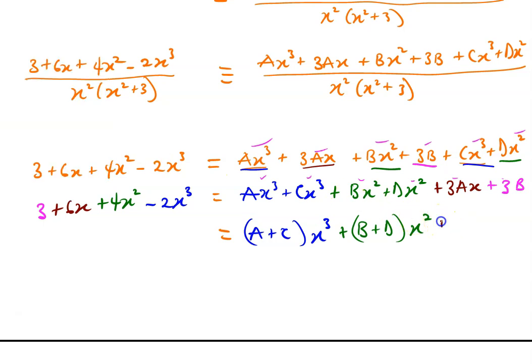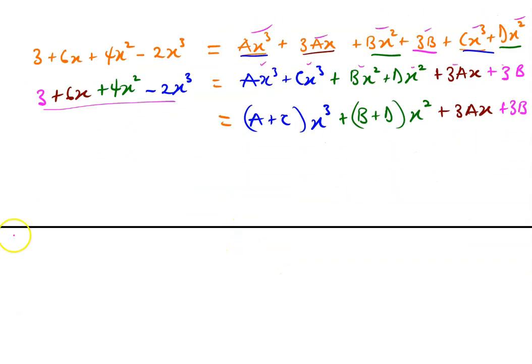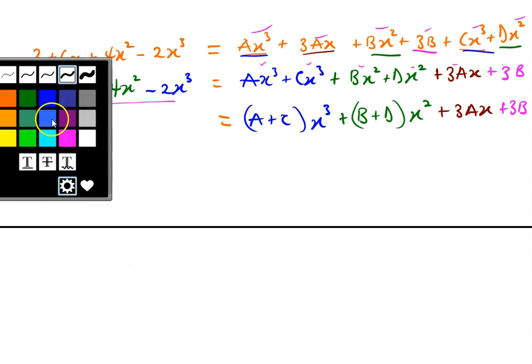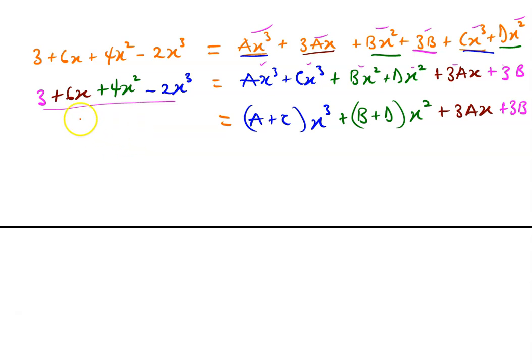I'll get plus 3ax, and plus 3b over here, right? So now I can compare it with what is at the right hand side of the equation. So comparing each side, for the constant, 3 is equal to what? 3b, and that gives me equation 1.